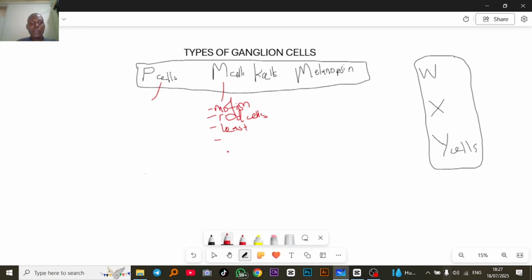Then the other one, they transmit signals at a very fast or rapid rate, fast conduction. Their conduction is fast compared to these others. So mainly for motion, from rod cells, they are the least in number, with fast conduction.